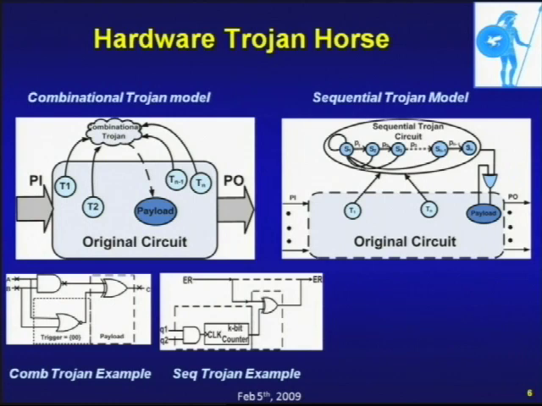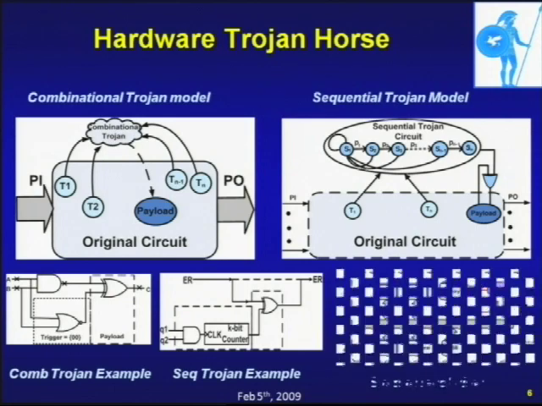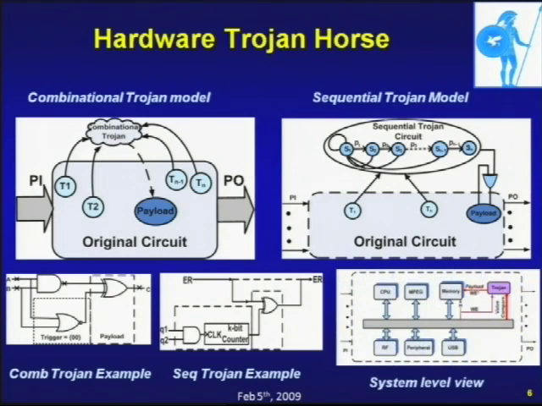And these effects are like this. They can introduce a Trojan hardware or Trojan circuit inside the actual circuit, which is very, very difficult to detect after fabrication. So these are the examples of the circuit. This is a combinational Trojan example. This is a sequential Trojan example. And this is a system level Trojan example, where you can have the processor, the IP blocks like MPEG, RF, and USB.